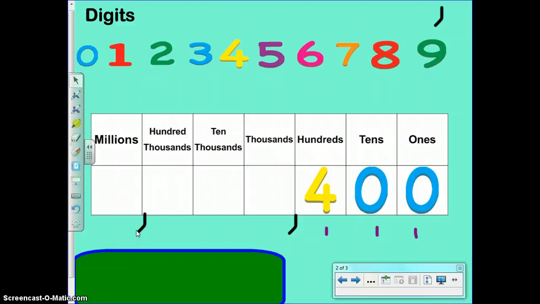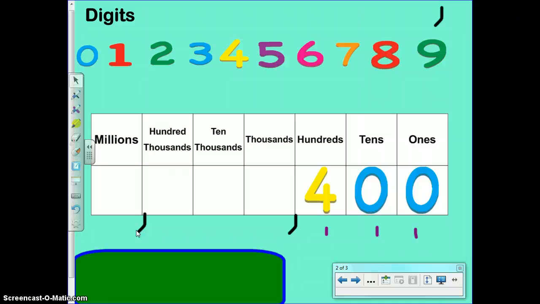Those commas are called periods. It's kind of weird in math, but yeah, they're commas, but they're called periods. And those commas really help you to organize these numbers according to the place value.